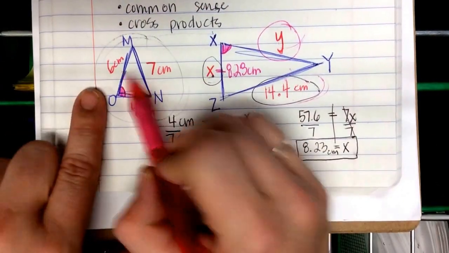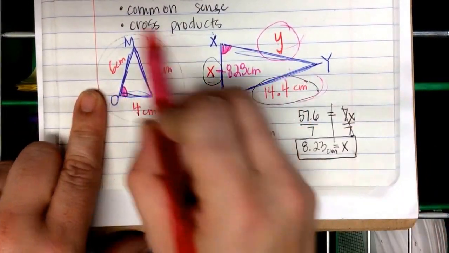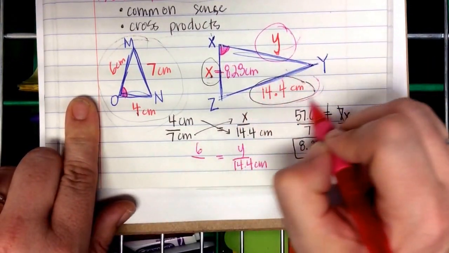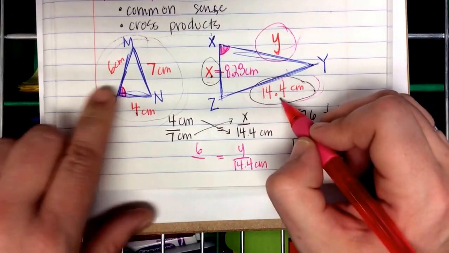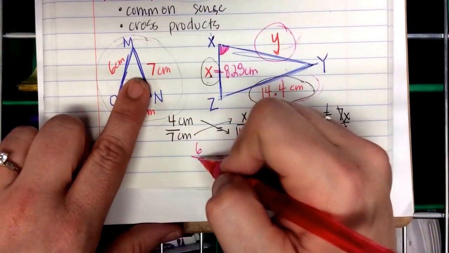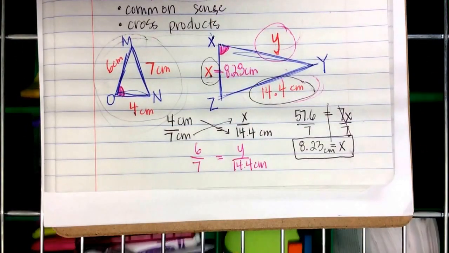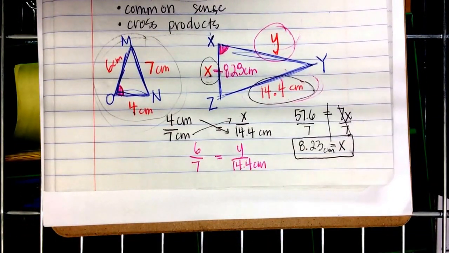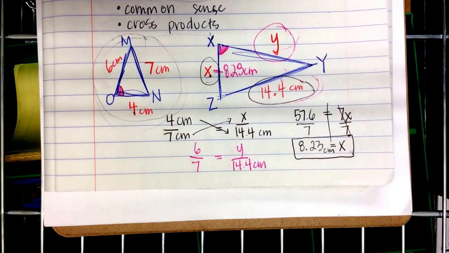So over here, what's congruent to Y? 6 over, what's congruent to 14.4? 7. Can you common sense this problem? No, you're going to have to use cross products.